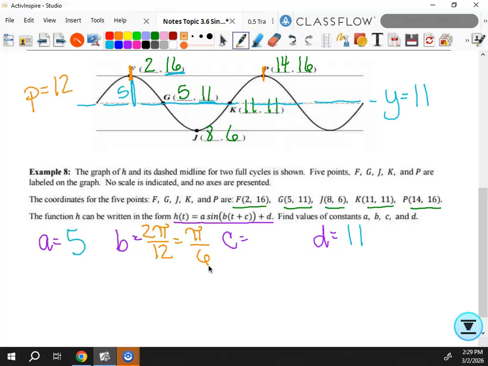Now remember on these, there's an x and a y axis somewhere. We don't know where. It's not there, but it still works like an x and y axis. And I need to figure out my shift here to get C. Well, if I keep going like so, I can get this point.